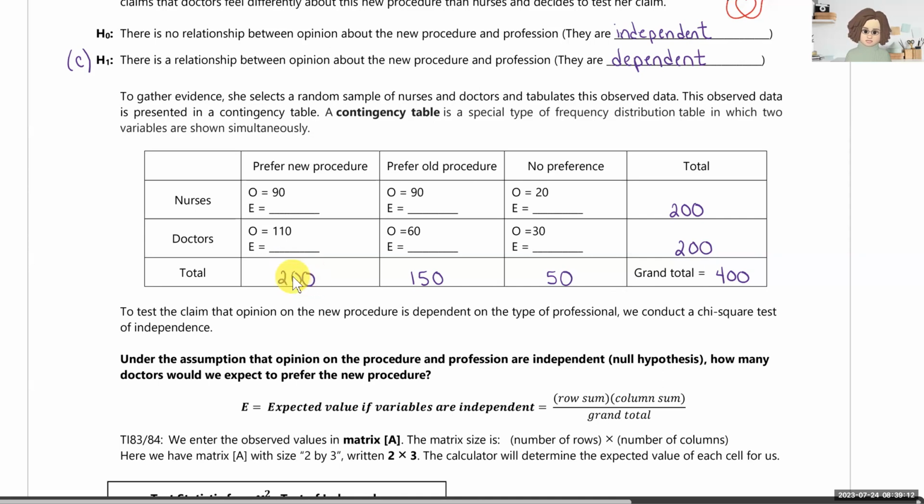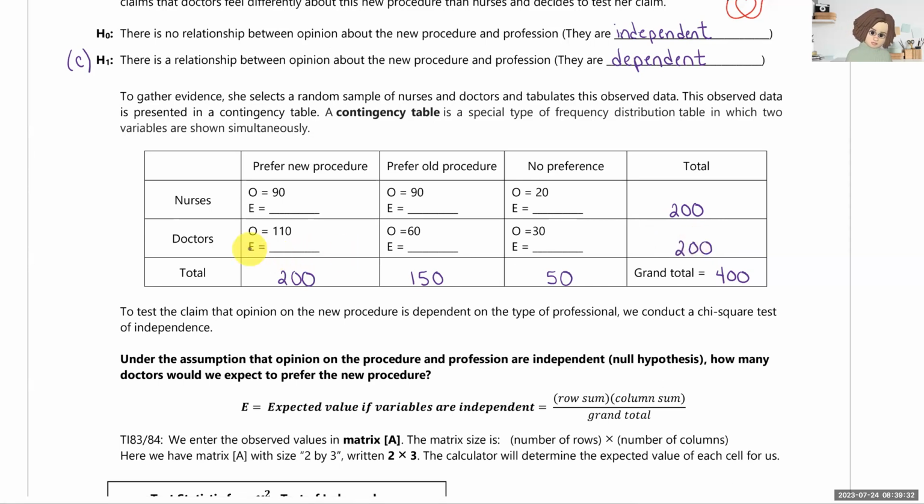So that means that it doesn't matter if I'm talking to a doctor or a nurse. If I talk to 200 people, I would expect half of them to prefer the new procedure if profession had no influence over opinion. So half of 200, I would have expected 100 doctors to say they prefer the new procedure.